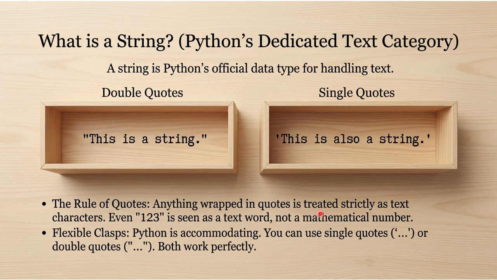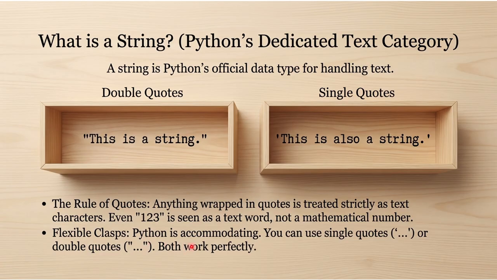Anything wrapped in quotes is treated strictly as text. Even if you put 1 2 3, which is a number, within these quotes, it will be seen as a text word and not a mathematical number, which means it will be stored by Python as a string rather than as an int.